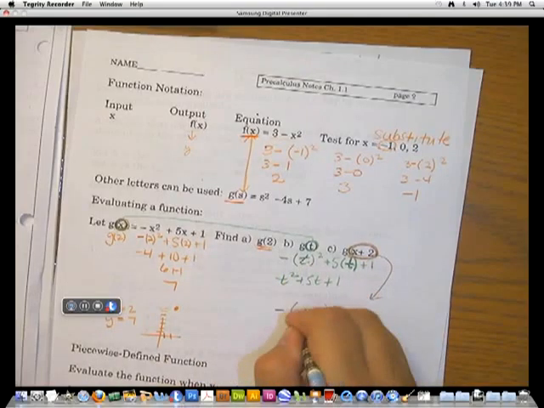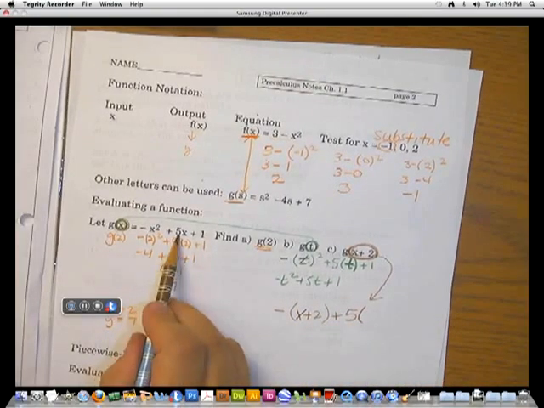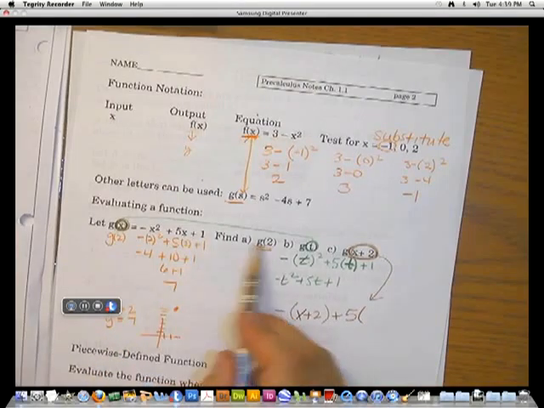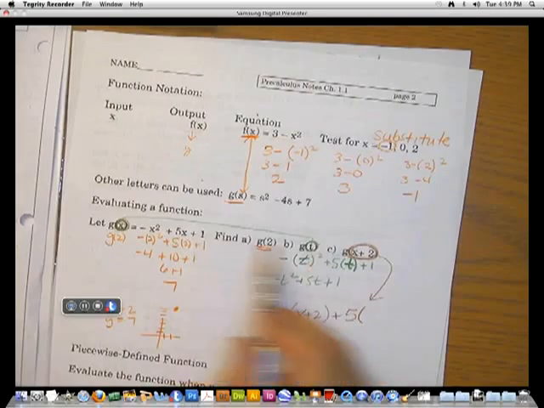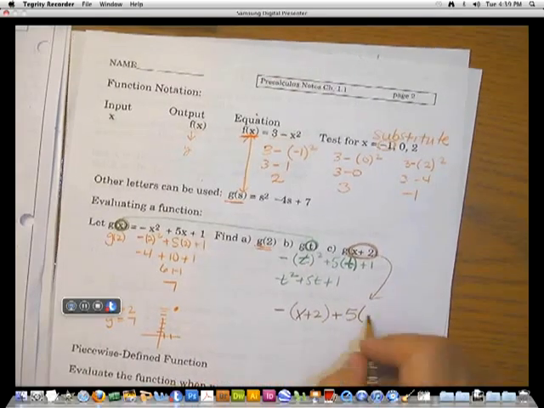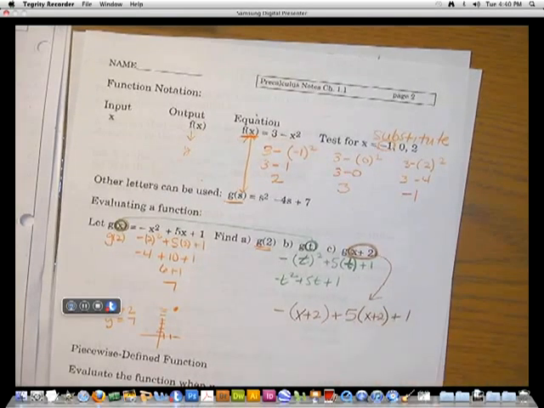So in the third one, I'm substituting an x plus 2. Then I have plus 5x. Well, in the first one, instead of x, I put 2. In the second one, instead of an x, I put t. So in the third one, instead of an x, I have x plus 2. And then the plus 1.